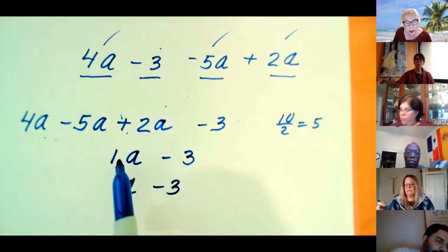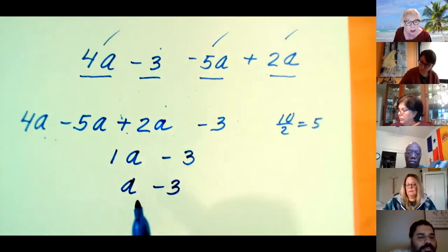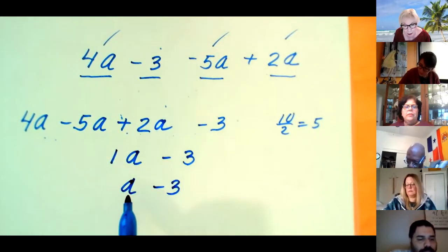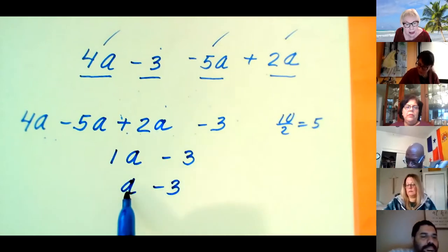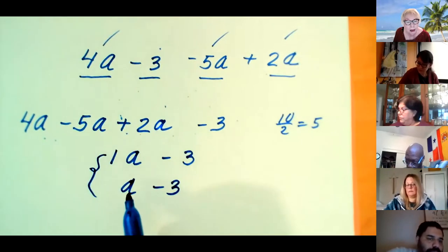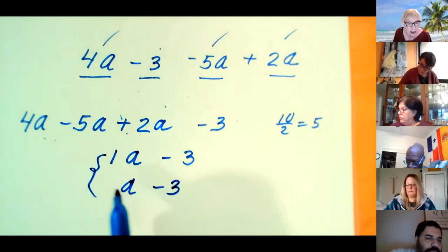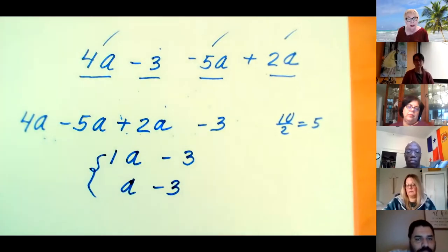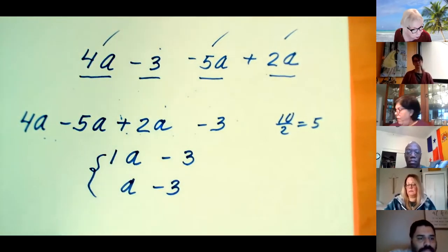And so although this is technically correct, they will write it like this because they don't want extra stuff. So a is really 1a. These two are identical. But the tendency is just to say a, assumed it's 1a, or 1 times a, and then subtract 3. Any questions on that one?